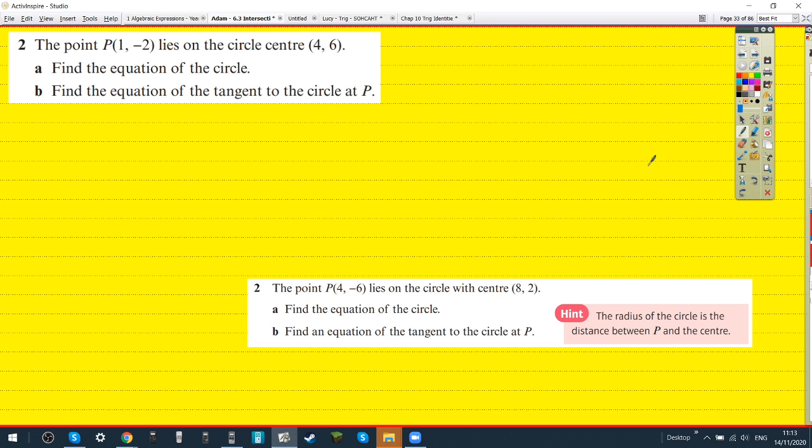So would you write out 4m plus c equals 6 and 1m plus c equals minus 2? Yep. And then you put that into the calculator. So m is 8 over 3 and c is minus 14 over 3.